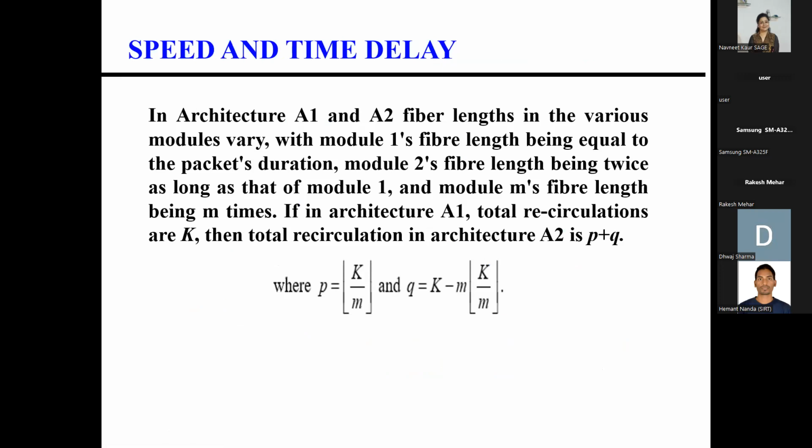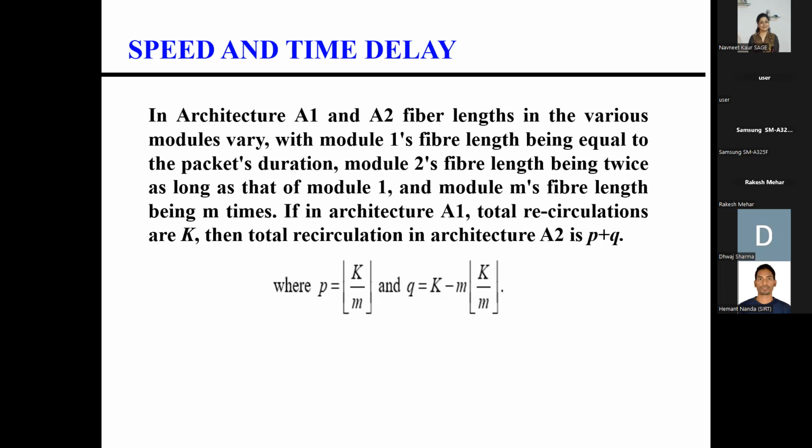As we have seen, in architectures A1 and A2 the fibers are in circulating form, so the delay is less, because we consider approximately 0.2 dB per kilometer, and if we want to rotate 10 times, or if there is a single rotation, then the delay is 10 times.